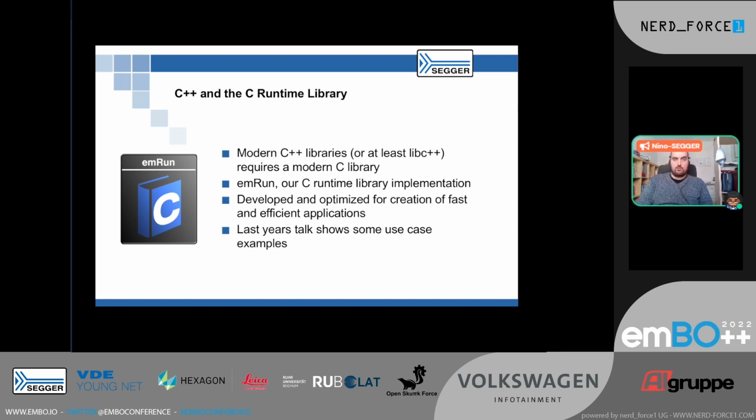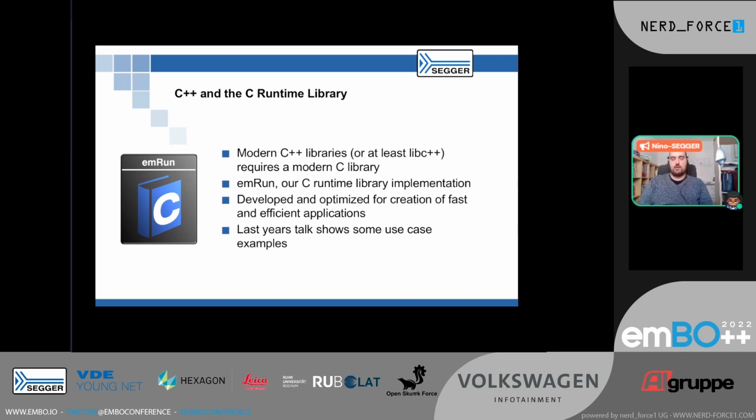So we had to look for a runtime library. Luckily, we already had one called mRun, which is our C runtime library that we also developed with the purpose to run on these small embedded targets. So this was our obvious pick because it was already done. So why should we reinvent the wheel, right?